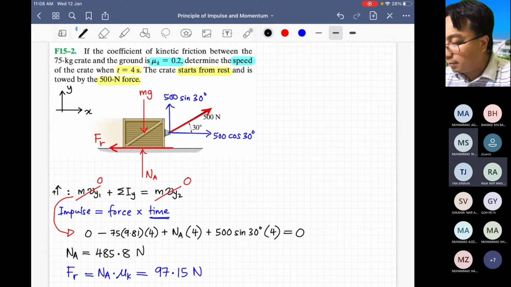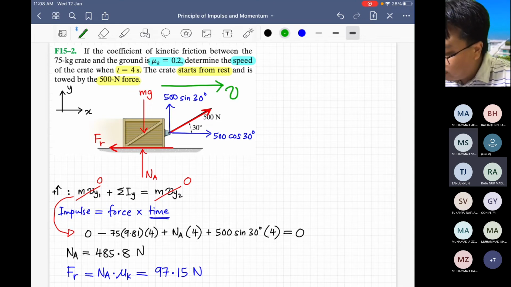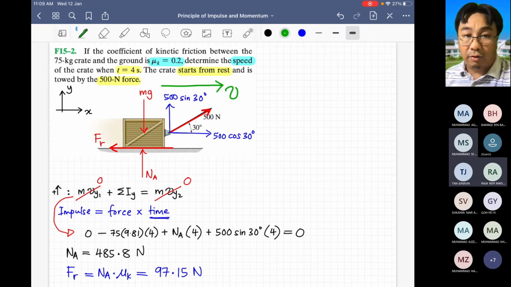So the speed ni sebenarnya is moving to the right lah. Let me write here the speed. So sebenarnya crate ini dia bergerak ke kanan. Okay, so this will be V yang kita nak cari, the velocity of the crate.